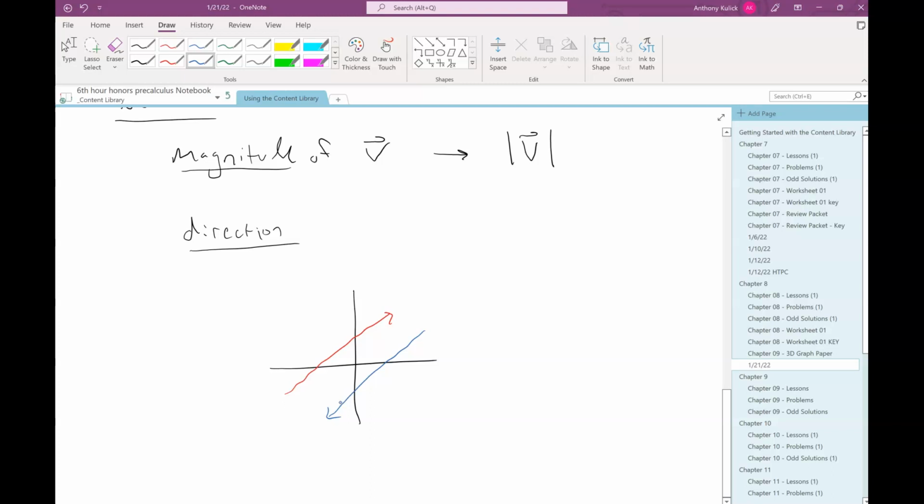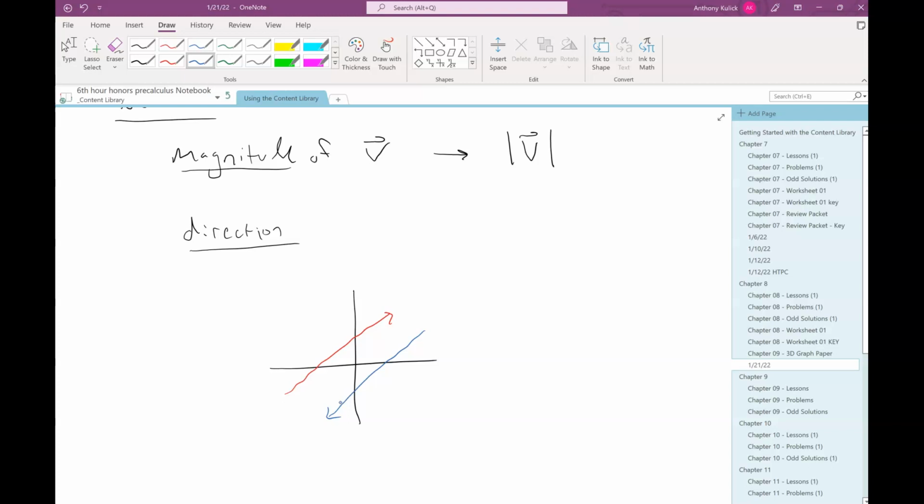Those have opposite direction because the arrows are pointing in the opposite way, right? It's just that the way the arrow is pointing matters. Those are not the same direction. Those are opposite directions. Even though they're parallel, they're making the same angle with the horizontal if you ignore where the head of the vector is, but where the head is matters, right? Okay.